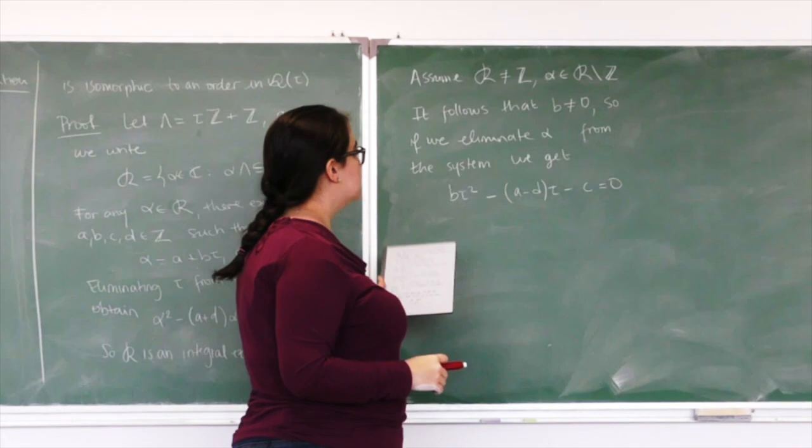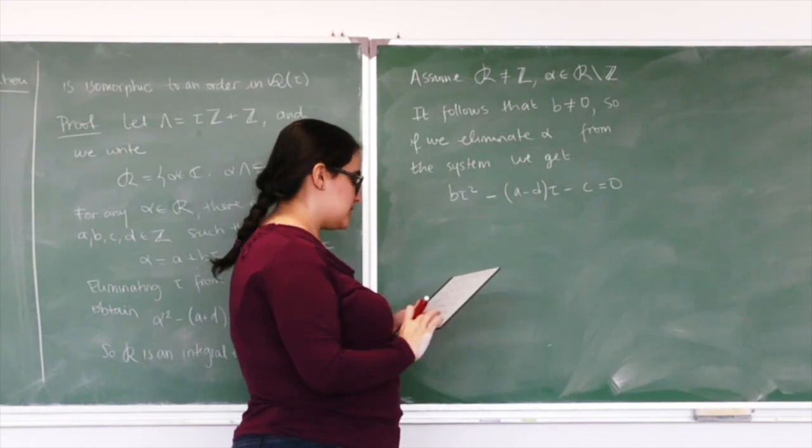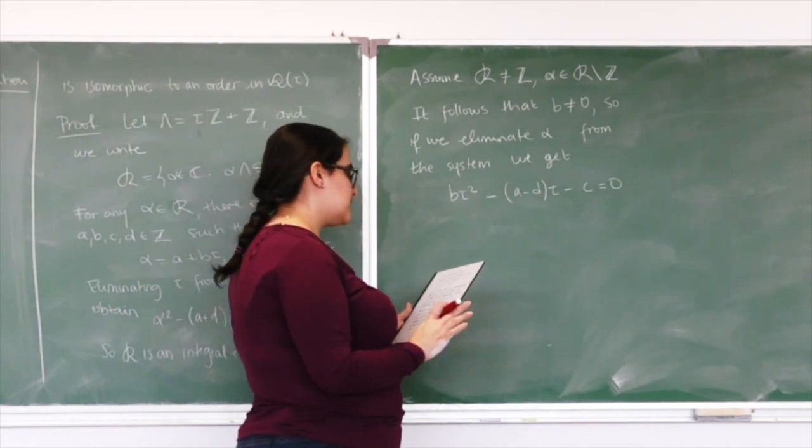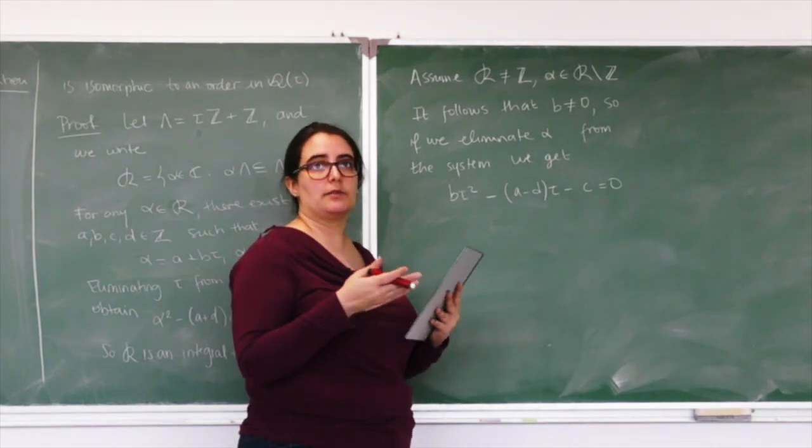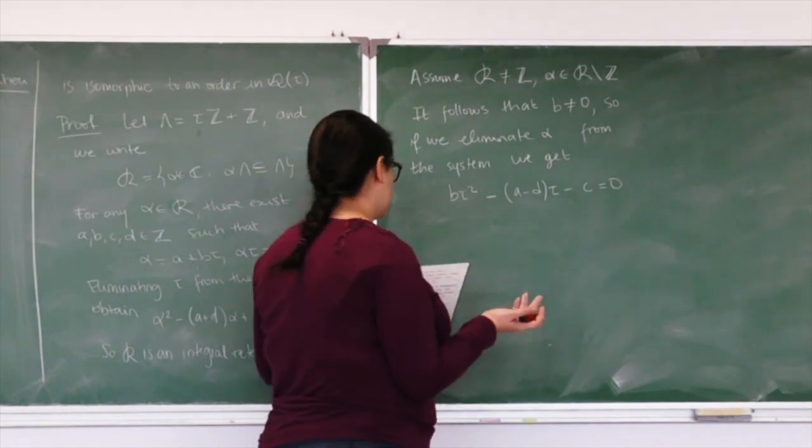And so that means that tau defines a quadratic extension, and it's imaginary because tau we know is not real, so that it can define a lattice on the complex numbers.